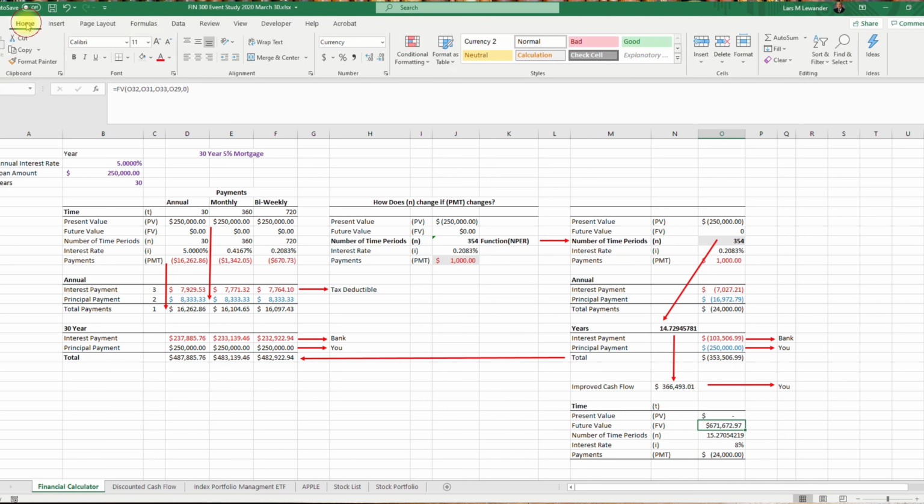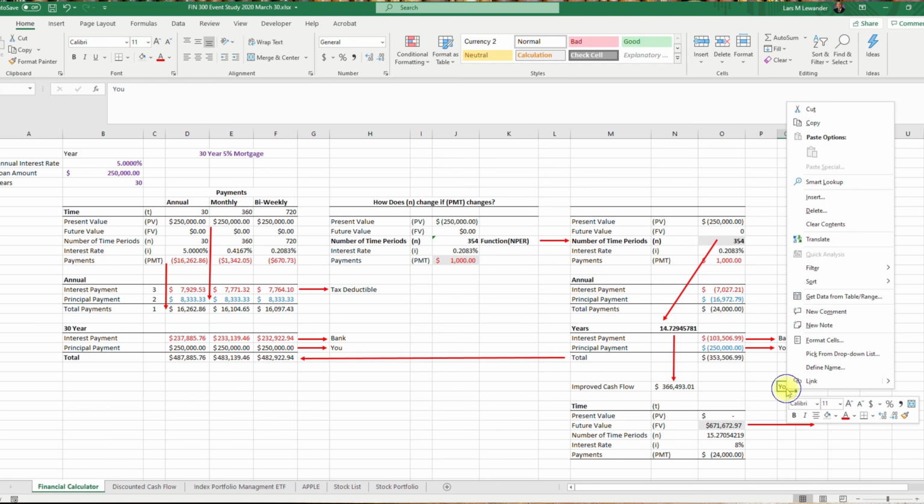Look at that enormous number. By paying $1,000 a month, $330 extra per paycheck, you can pay off your house in 14 years, and then you invest that money instead for you.